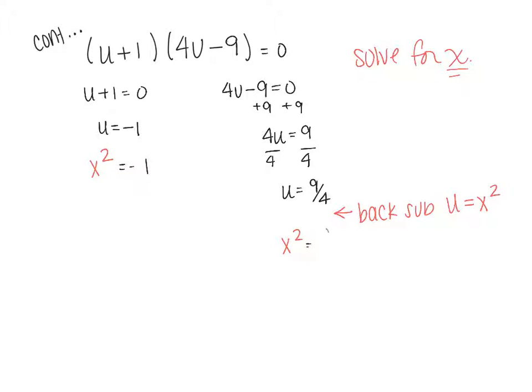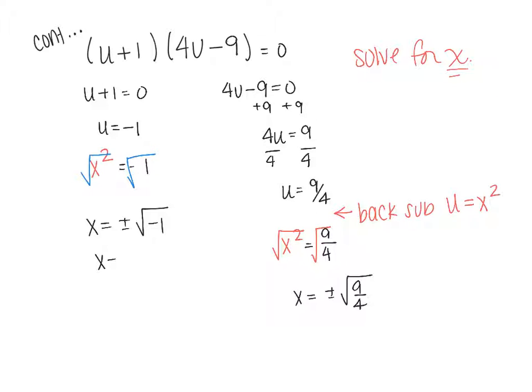So if you remember, the inverse operation of squared is to square root both sides. The thing that you cannot forget about the square root is plus or minus. Okay, so plus or minus the square root of negative 1, if you remember, that is actually by definition i.